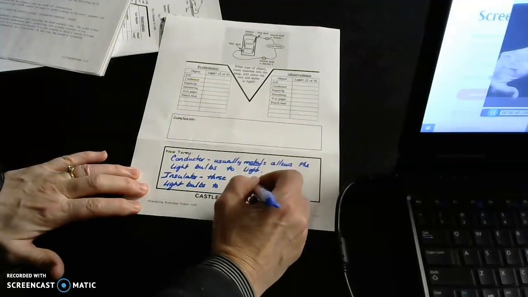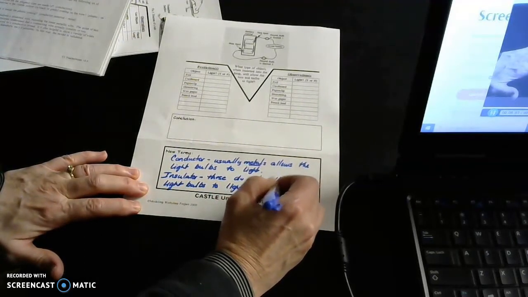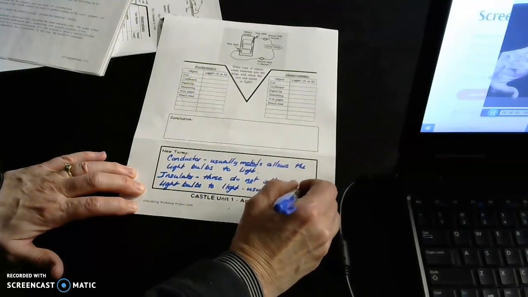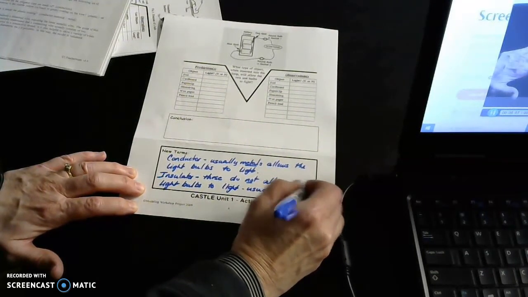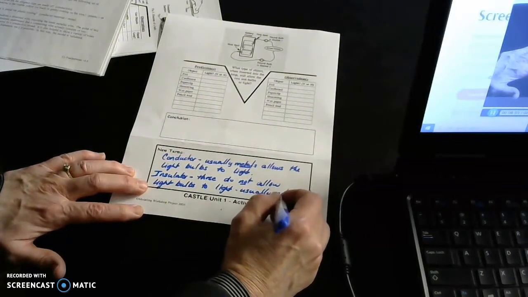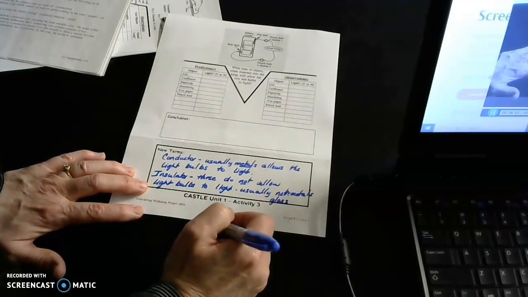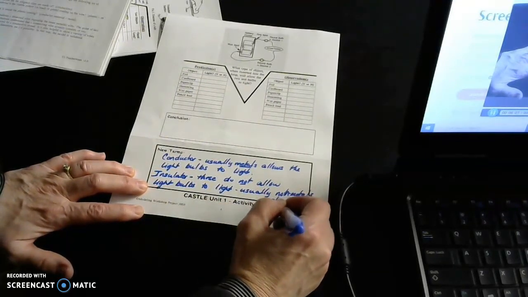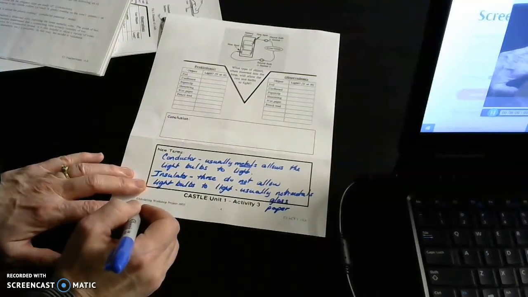These are usually non-metals. So some of the non-metals that I used were like glass. Glass is made out of non-metals, okay? Another one would have been paper. Paper is made out of non-metals, okay?